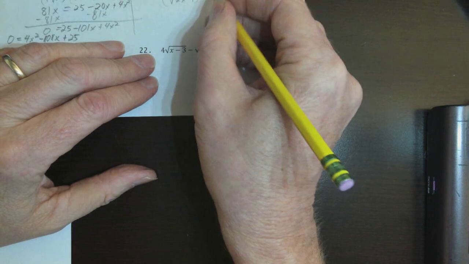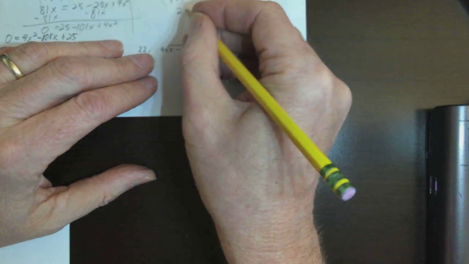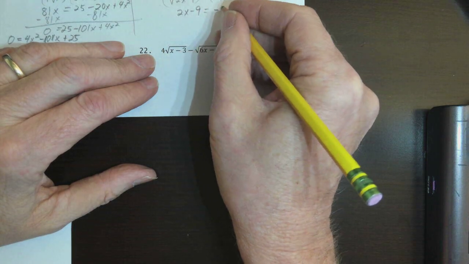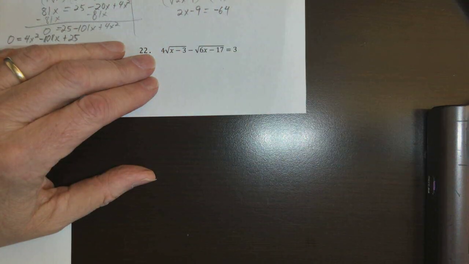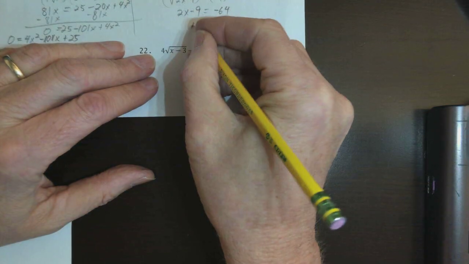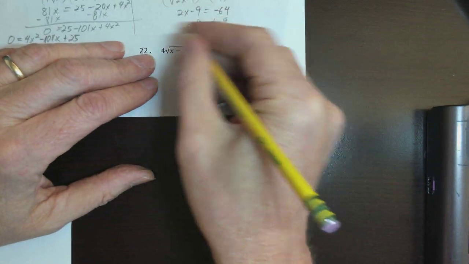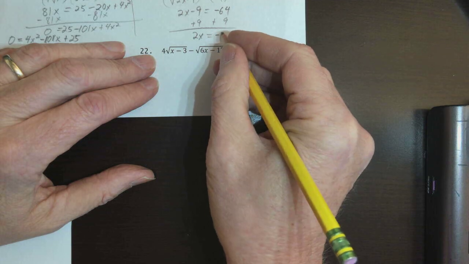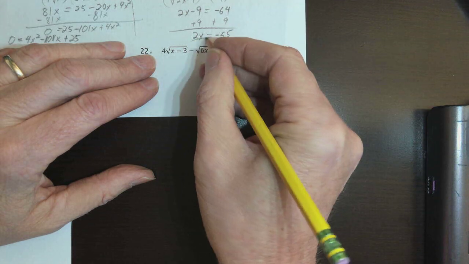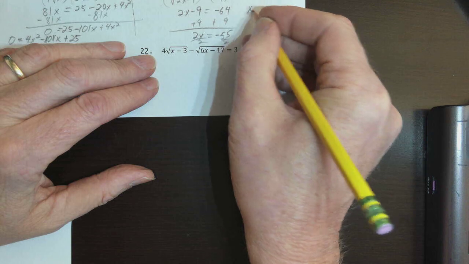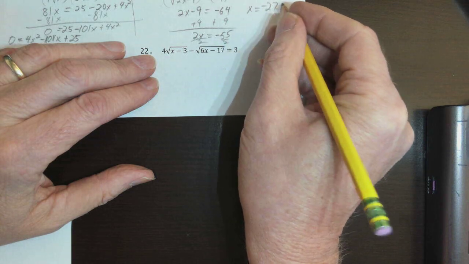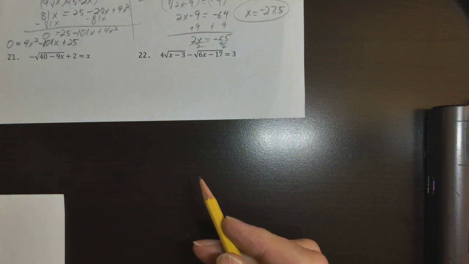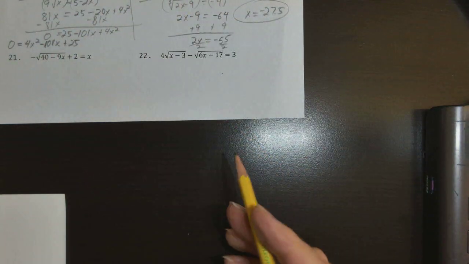And I'm raising both sides to the third power, and I'm getting 2x minus 9 equals negative 64. And I'm adding 9 to both sides. I'm getting 2x equals negative 55. Dividing by 2, I'll get x equals negative 27.5. I feel pretty good about that one. It's a cube root, and cube roots can be negative.